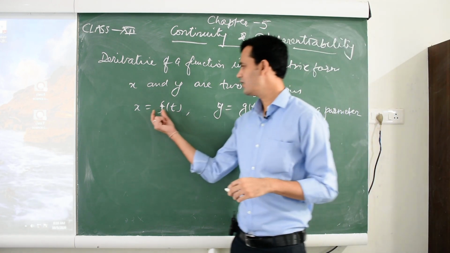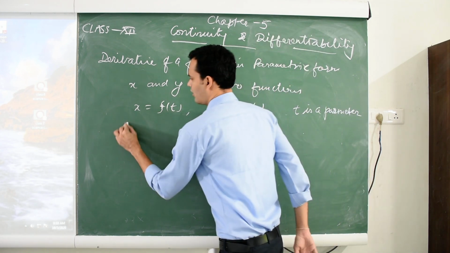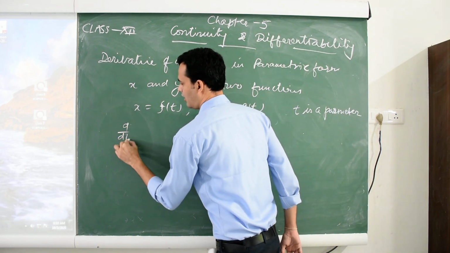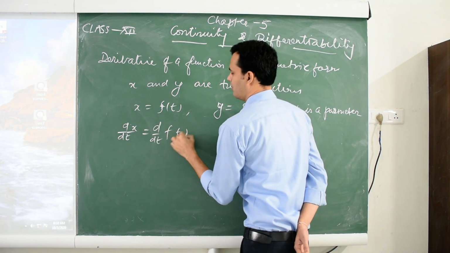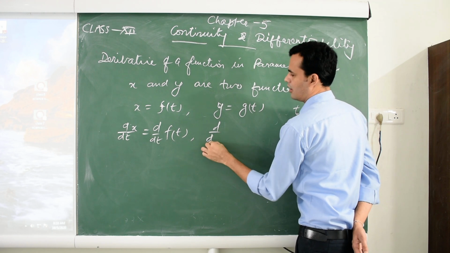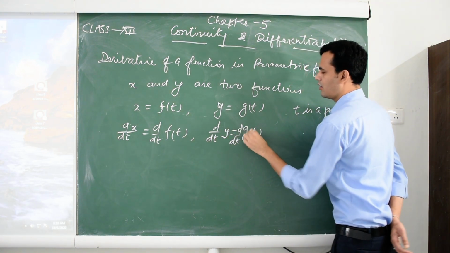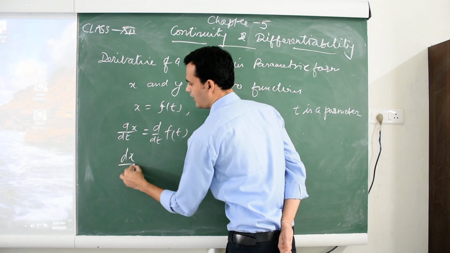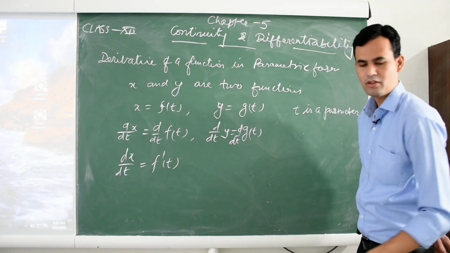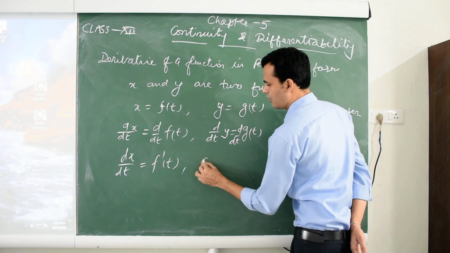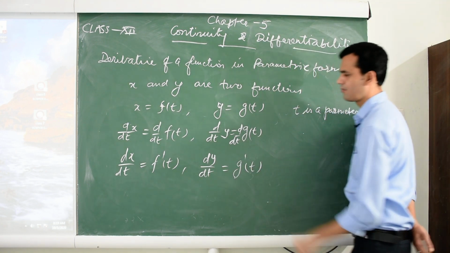So first we differentiate these two functions with respect to t. So d by dt of x equals d by dt of f(t). Similarly, d by dt of y equals d by dt of g(t). So we get dx by dt equals f dash t, differentiation of f(t) is f dash t, and dy by dt equals g dash t.